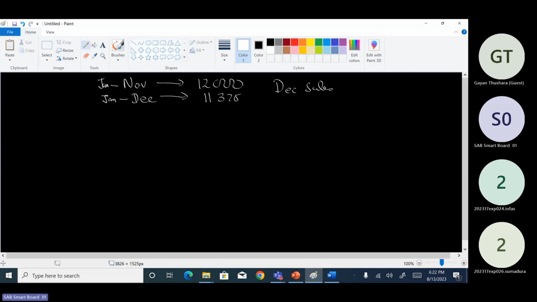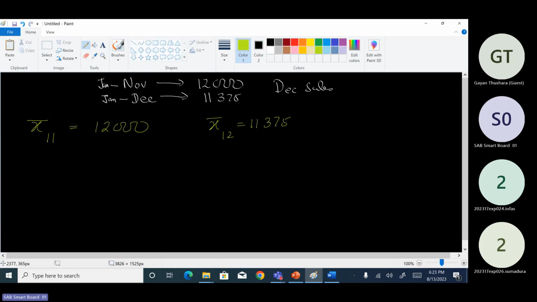So what are the things given? The 11-month average, X bar 11, is given as 12,000. Then the 12-month average, X bar 12, is given as 11,375.